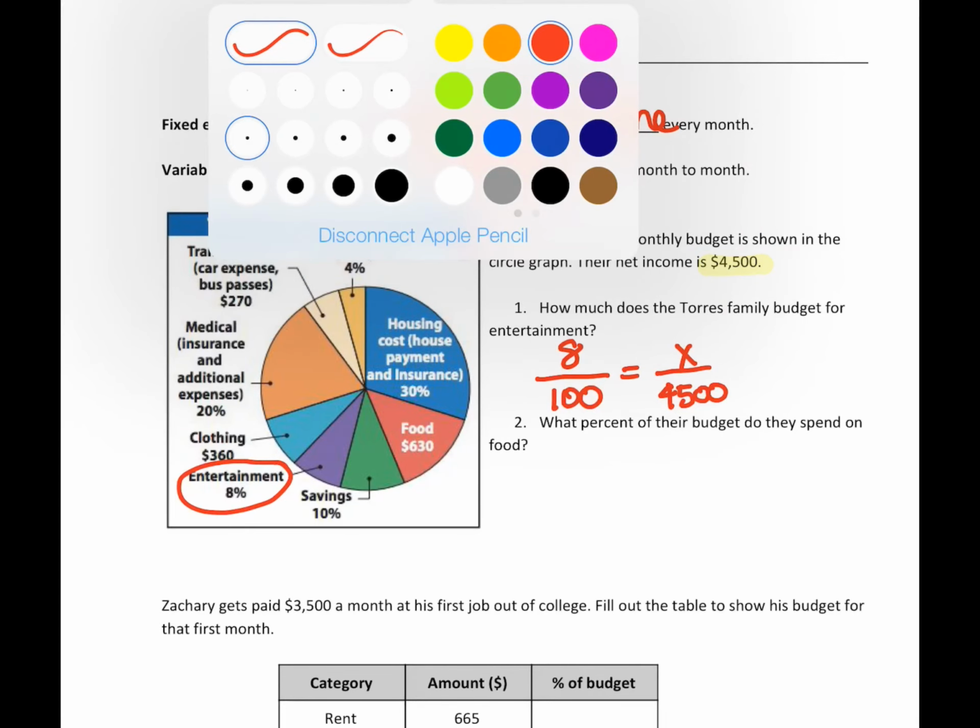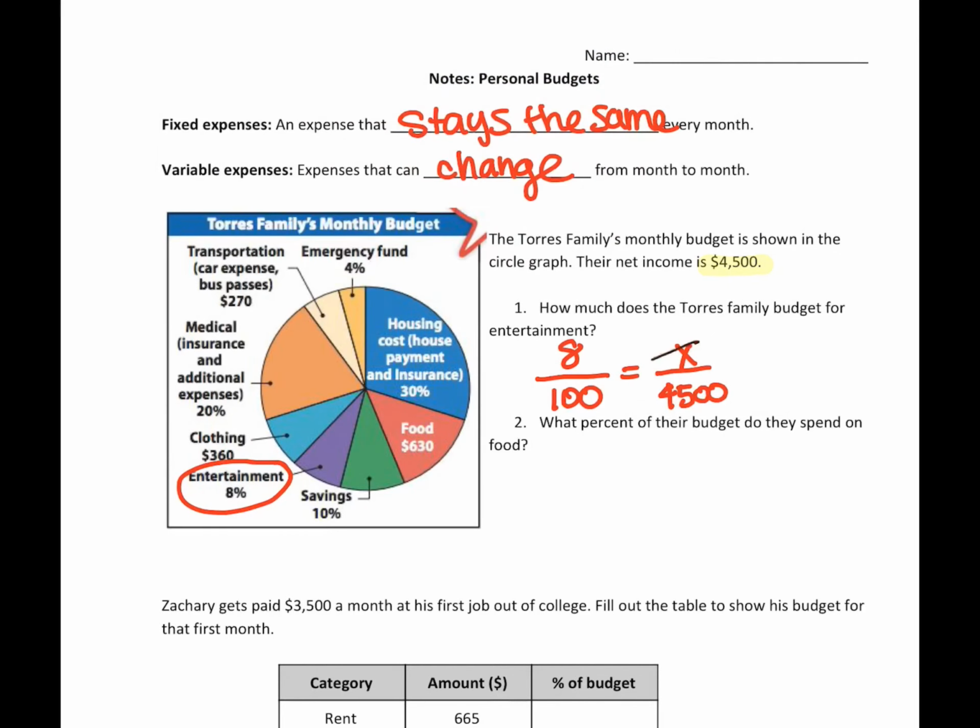And when we do that, we just cross multiply like we always do. $4,500 times 8. That gives us $36,000. And then because we only have a little bit of room, I'm just going to put it right there. And it equals 100x.